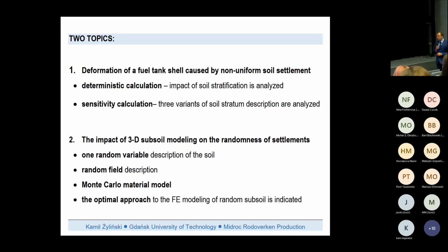First of it is dedicated to the deformation of a fuel tank shell caused by some spatial parameters for stiffness. And the second thing is an approach which allows the engineer to use the probabilistic approach and random field interpretation, but in, let's say, a very easy and practical way.